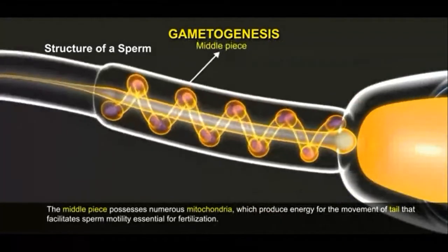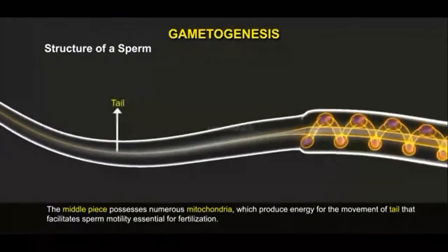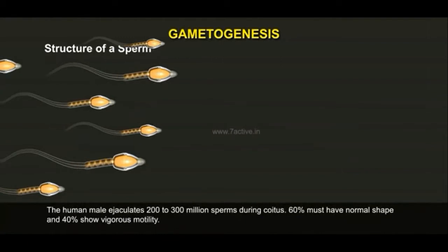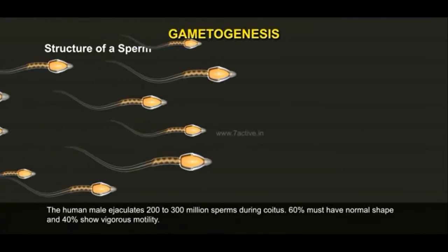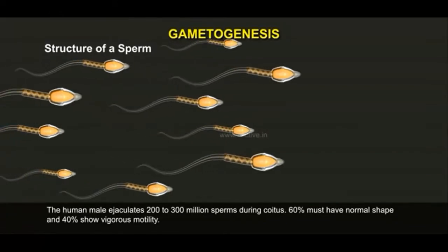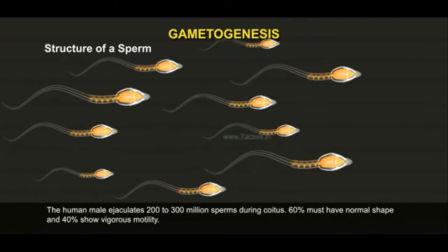The middle piece possesses numerous mitochondria which produce energy for the movement of the tail, which facilitates sperm motility essential for fertilization. The human male ejaculates 200 to 300 million sperms during coitus. 60% must have normal shape and 40% show vigorous motility.